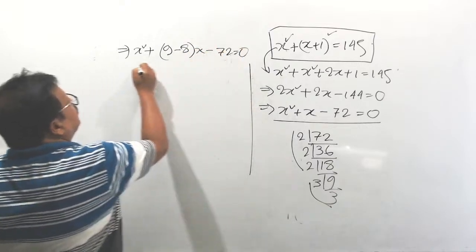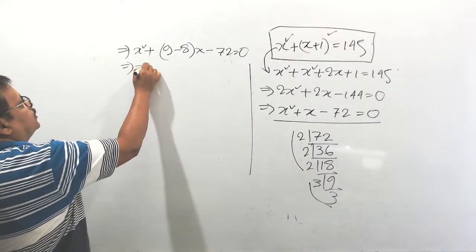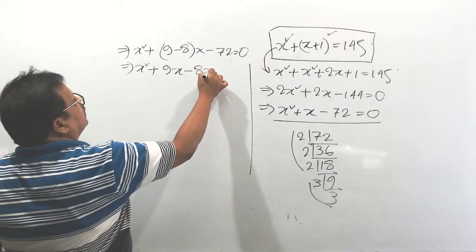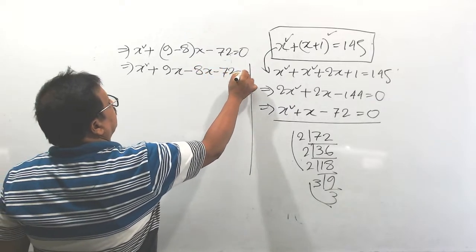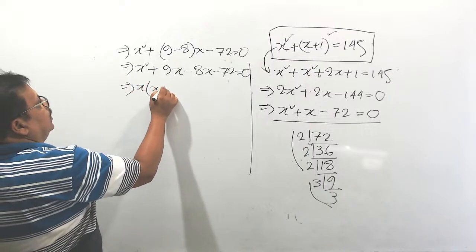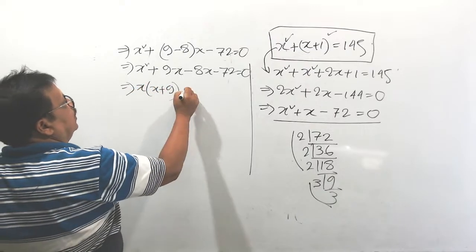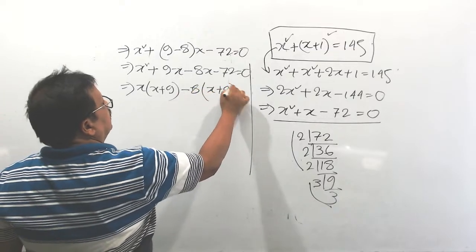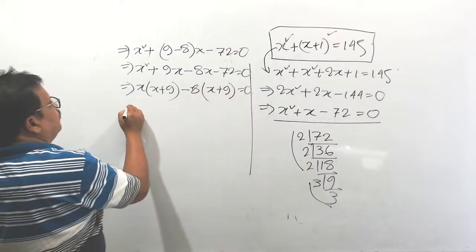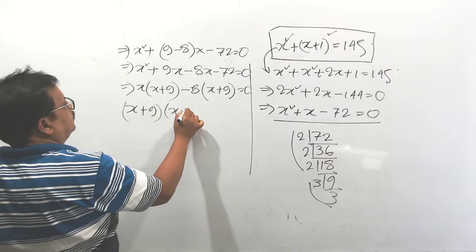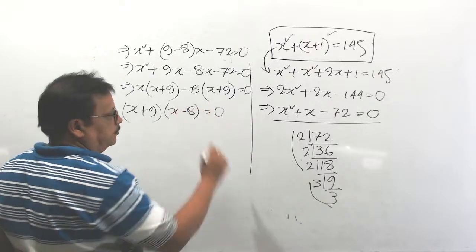You have to solve this one. That is x square plus 9x minus 8x minus 72 equal to 0, right? Take common x plus 9, minus take common 8, x plus 9 is equal to 0. Understood? x plus 9, x minus 8 equals 0.